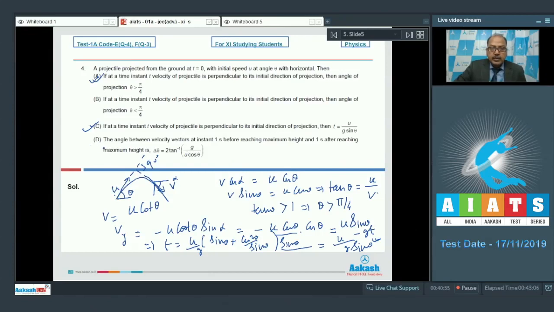Let's look at option D now. It says the angle between velocity vector at instant 1 second before reaching maximum height and 1 second after reaching maximum height is this. So just 1 second before reaching maximum height, what is the velocity? Let's call it v1.